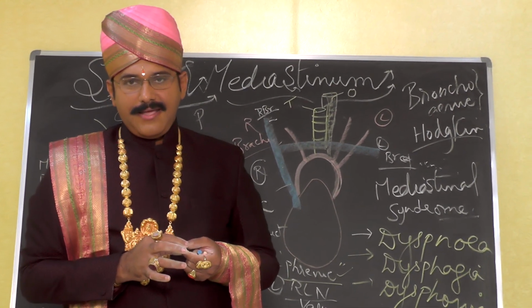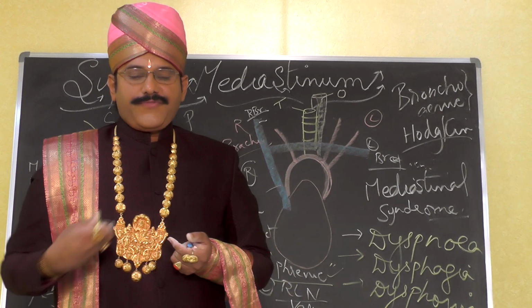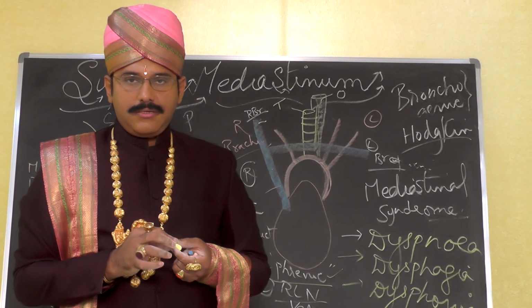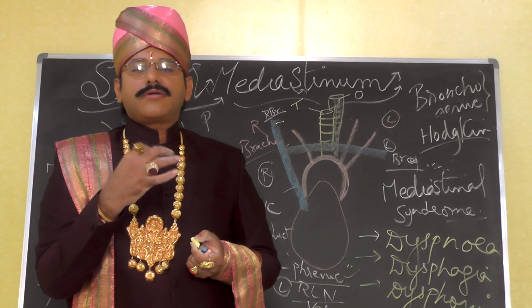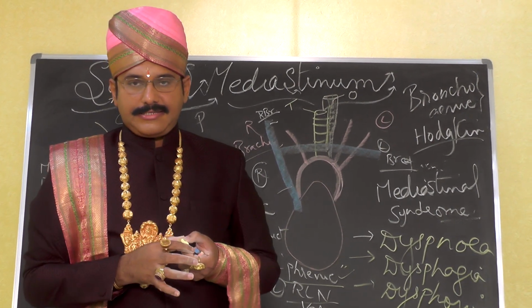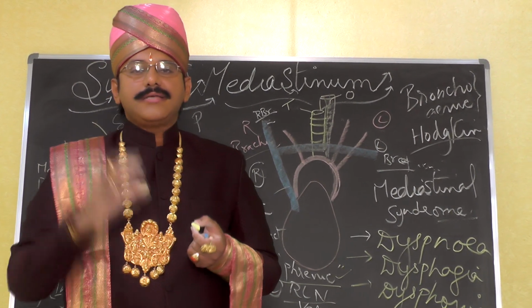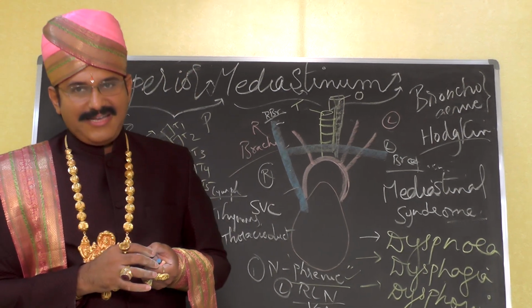Are you able to understand? And in the region of thorax we have got the nerves. So these intercostal nerves, if they are being compressed, then at that region it will cause intercostal neuralgia.